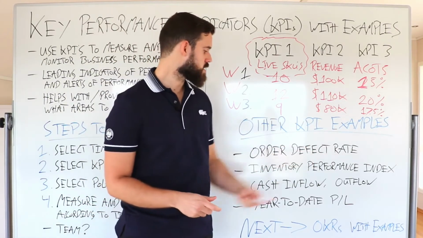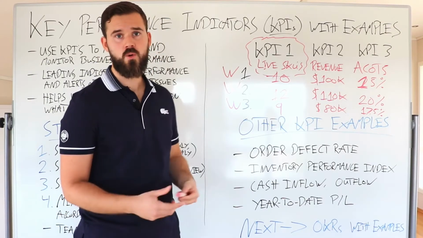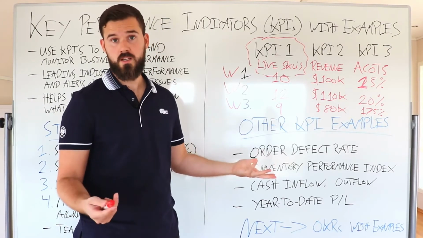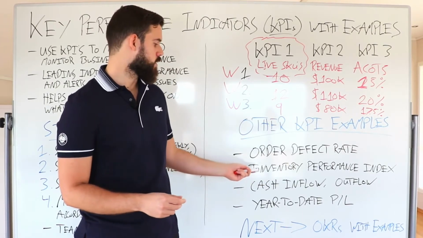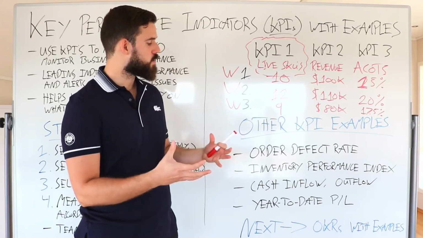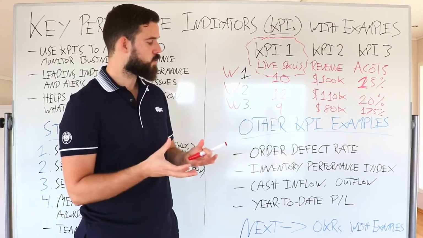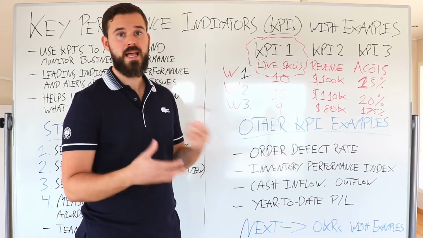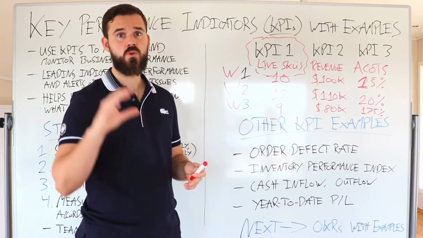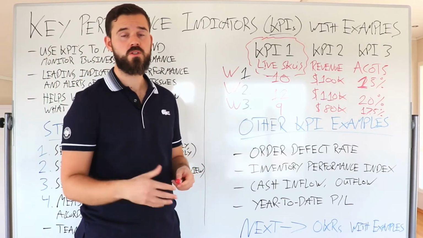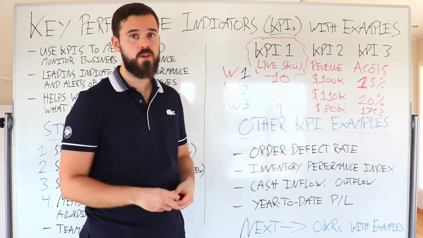Inventory performance index, that's another one you might have. So this one has become more important now, especially if you're selling on Amazon, to monitor this one, because this would be an indicator that takes into account several different variables to tell you how well you're planning your inventory. Are you timing and setting your orders of new products, reordering products in the right amounts? Or when you're launching new products, are you buying the right amount of it?